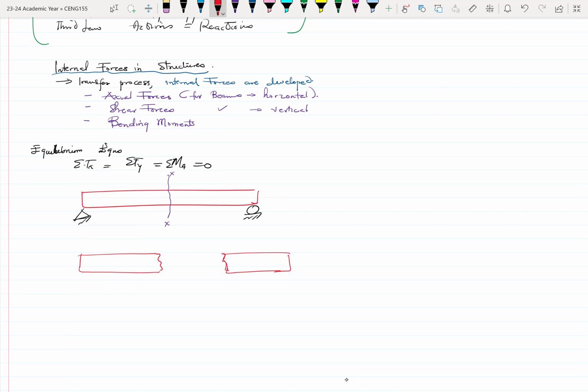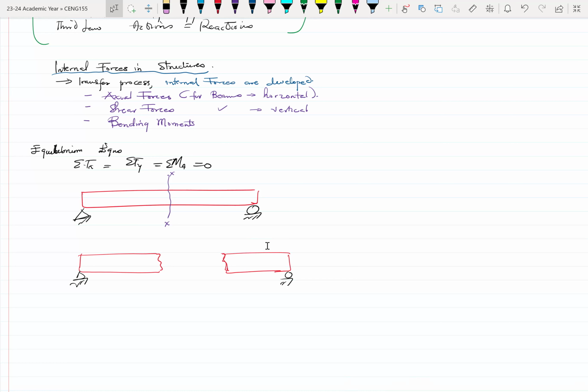Once you cut them apart, you expose the forces that were keeping the beam together. These forces you exposed are the forces within the material, and these are the internal forces.